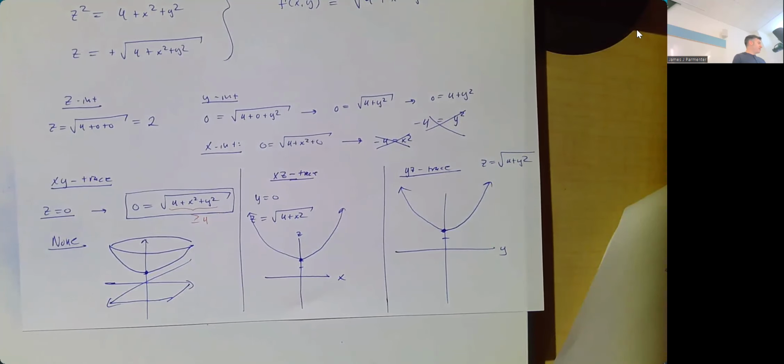It's kind of like taking, okay, here's my paraboloid, and it's sitting right here. And I'm asking you, what's the trace in the xy plane, which is the floor? Well, that doesn't touch the floor at all.